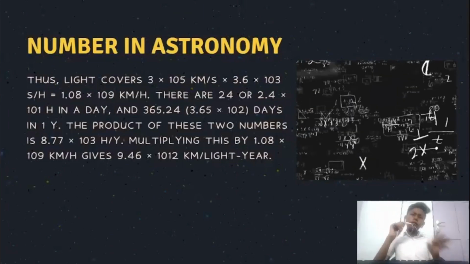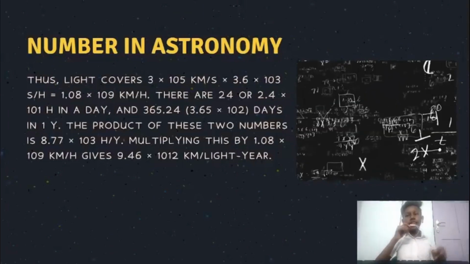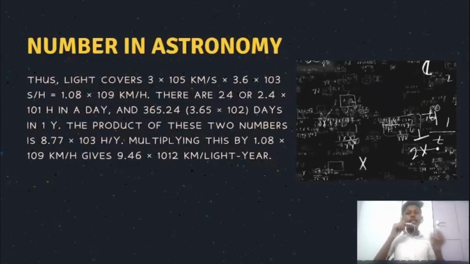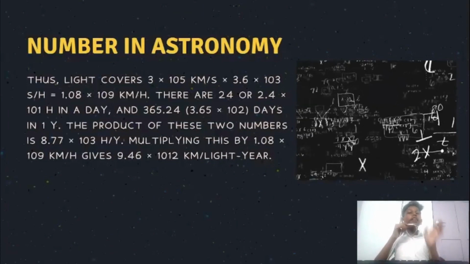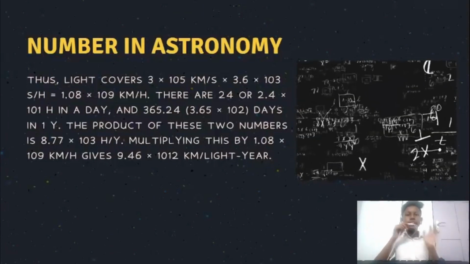The product of these two numbers is 8.77 × 10^3 hours per year. Multiplying this by 1.08 × 10^9 km gives 9.46 × 10^12 km per light year.